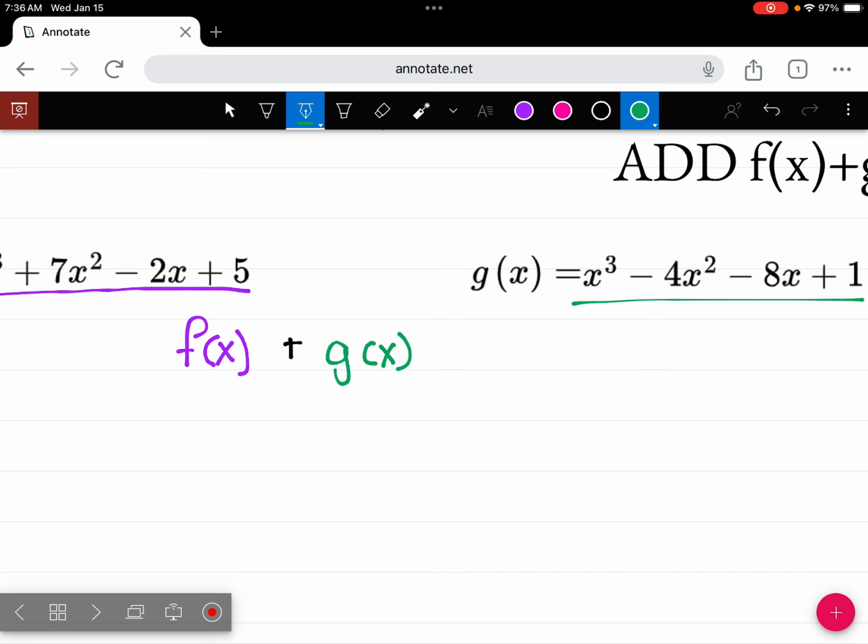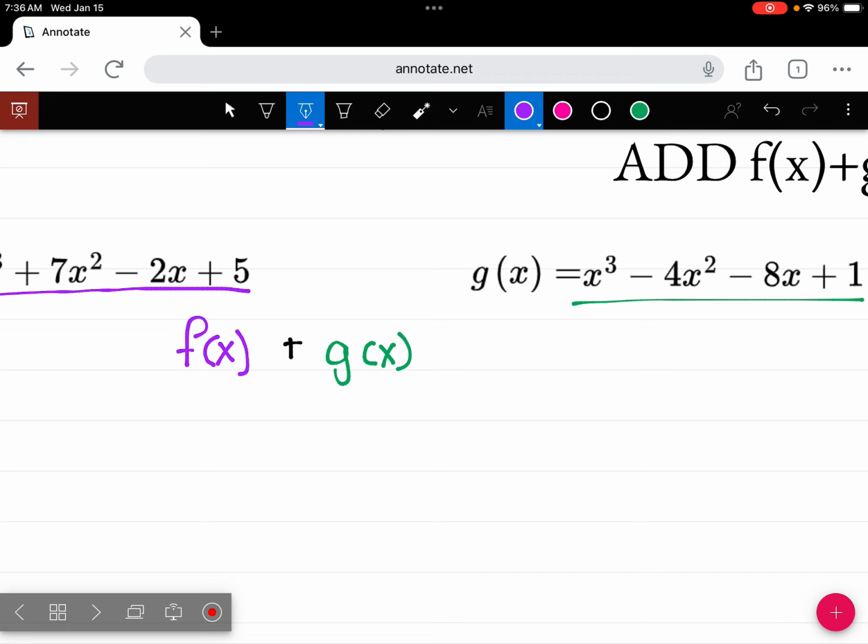So what we can do here is think of this kind of like when we would do our substitution stuff. I know what f of x is, I'm going to put it in place of f of x. So we're going to take our 6x cubed plus 7x squared minus 2x plus 5 plus x cubed minus 4x squared minus 8x plus 1. We're going to add the two together. With the adding, we don't need to.